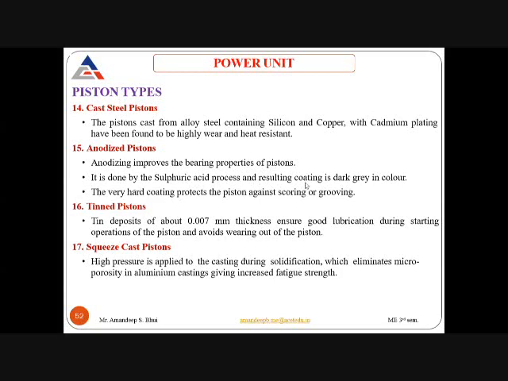Now this coating, because the sulfur enters the surface, makes the surface hard, and it prevents the piston from grooving and scoring. So this is your anodized piston. Next is your tinned piston.